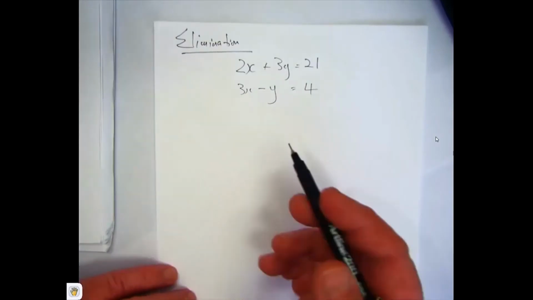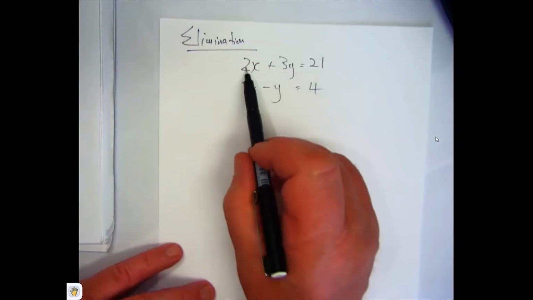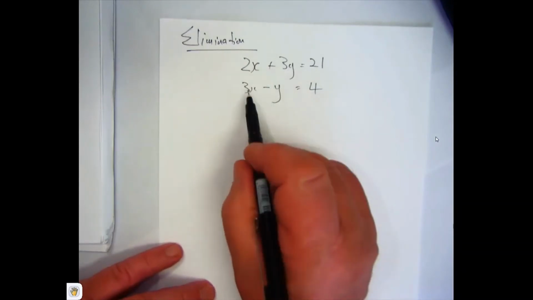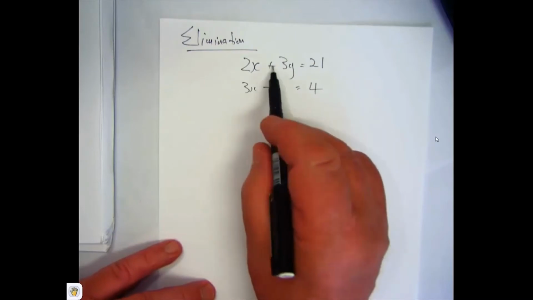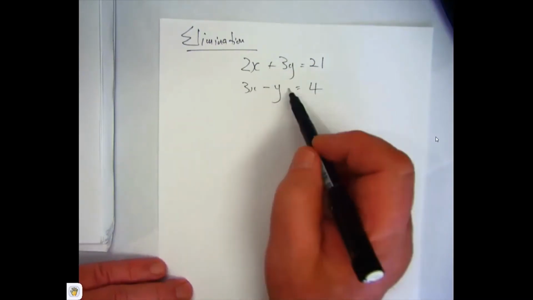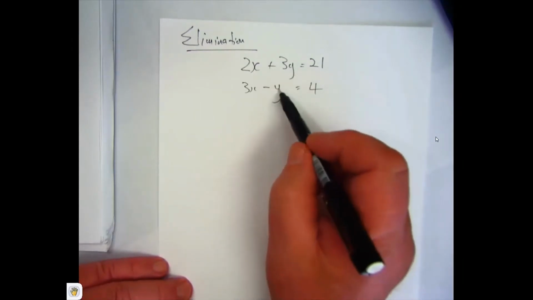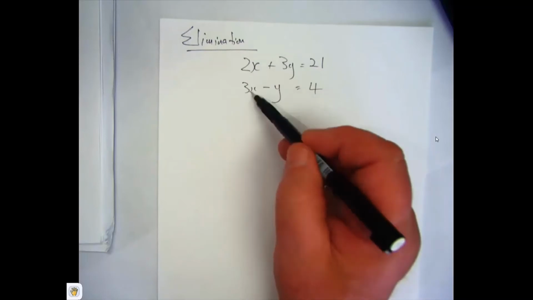The idea here is to look at the coefficients in front of the letters. So 2 is in front of x, 3 is in front of this x, minus 1 is here, and 3 is here. Can I make either the y terms or the x terms the same?